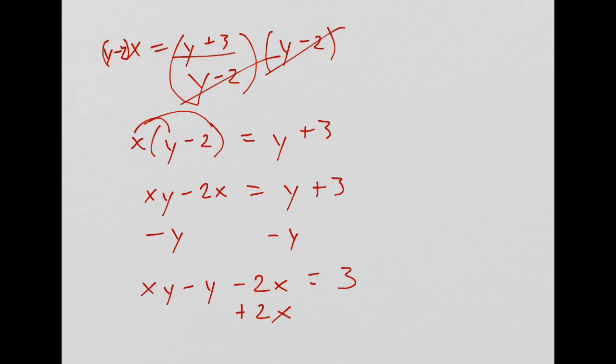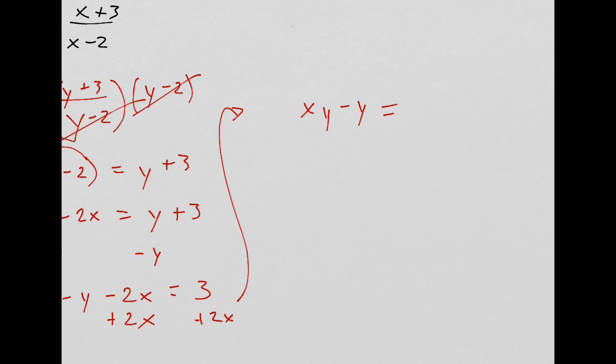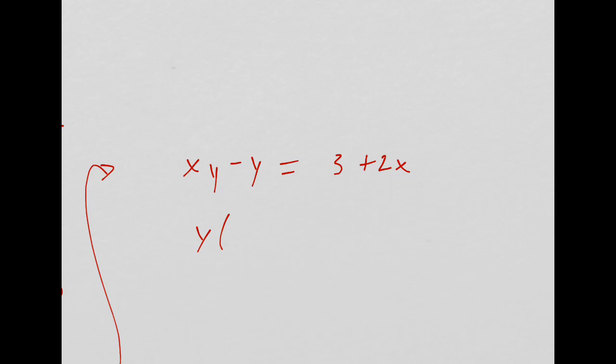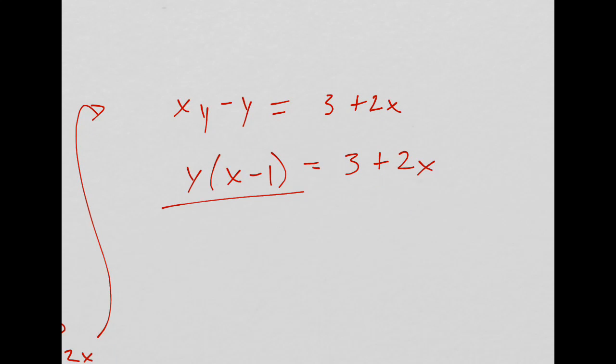Remember, I'm trying to get y by itself. So I have xy minus y. I'm going to factor out a y there. That's how I can get it by itself. And then I get 3 plus 2x. Factor out a y. 3 plus 2x. And then get the y by itself by dividing by x minus 1.